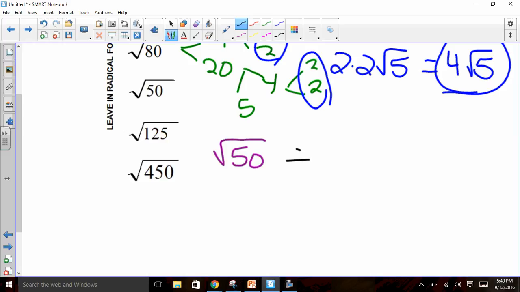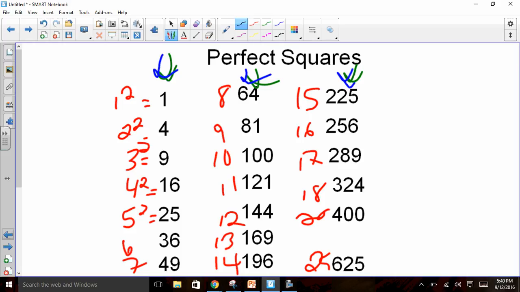So let's think of 2 numbers that multiply to 50, one of them being perfect and one of them being imperfect or prime. So let's go look at our chart. What multiplies into 50?